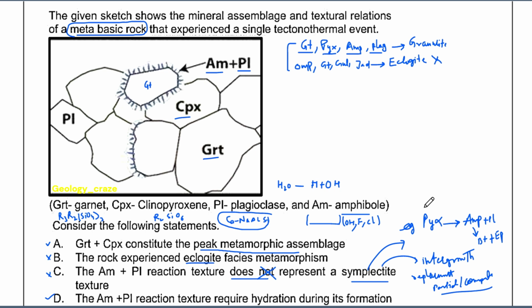I learned afterwards that there is one reaction: when OPX plus plagioclase gives CPX plus garnet plus quartz. This is the reaction. You will see this reaction in Winter also.